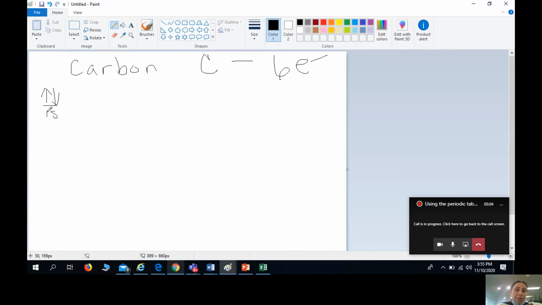So I'm going to keep adding arrows until I get to 6. Here's 1s, 2s, 2, so that's 4. The next one would have been 2p. The p orbital always gets 3 lines, 1, 2, 3. And then I'm going to add until I get to 6.